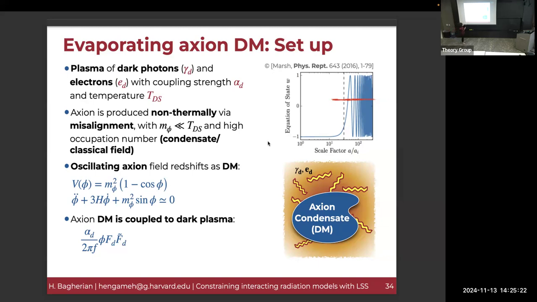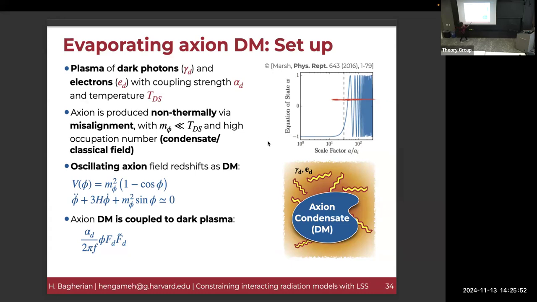So what it basically is, it's an oscillating axion field, and an oscillating axion field can be regarded as dark matter because if you look at the evolution of the equation of state for this axion, as the universe evolves, before the Hubble scale drops below the mass of your axion, the Hubble friction is holding you in place, so you're just constant everywhere.